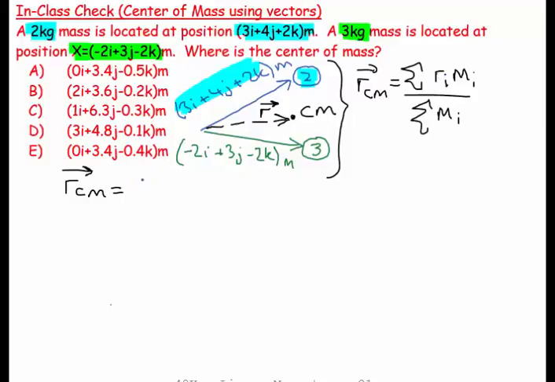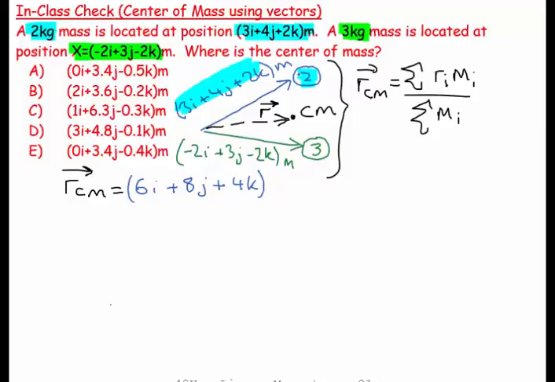So it's going to be 6i plus, not 4j, but 2 times 4j, 8j. Not 2k, but 2 times 2k, which is 4k.